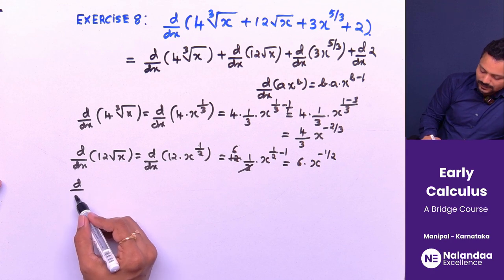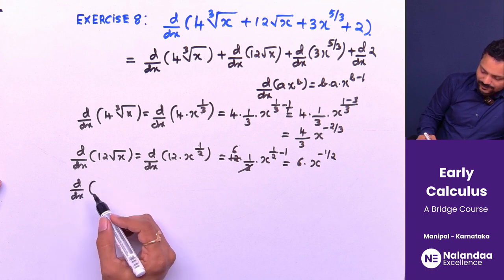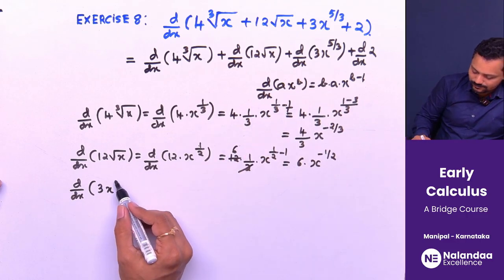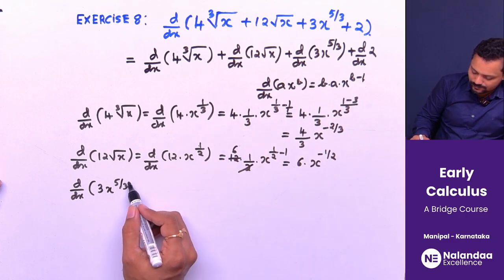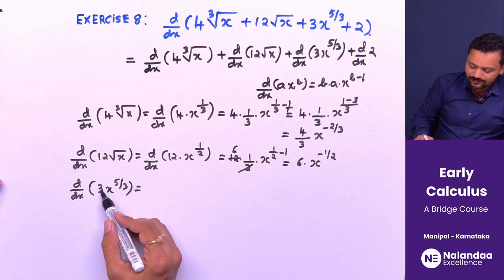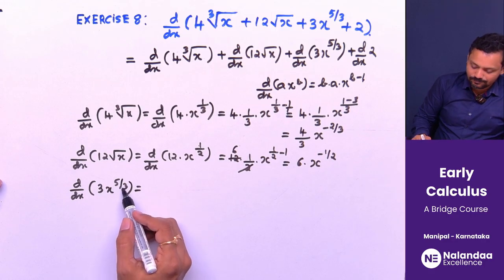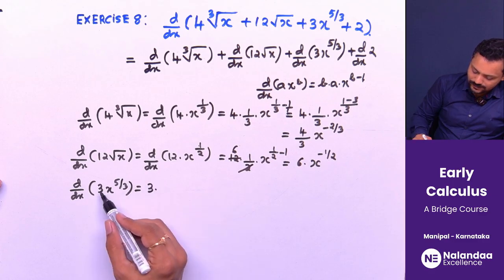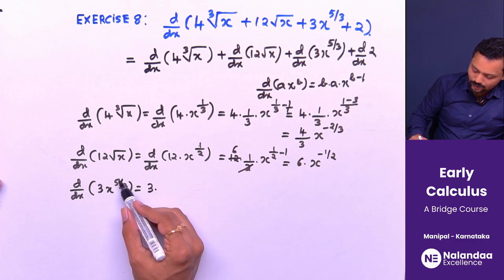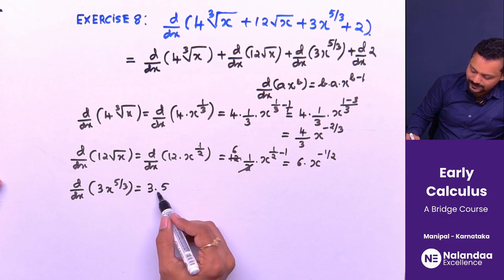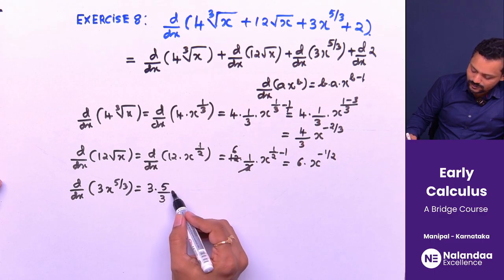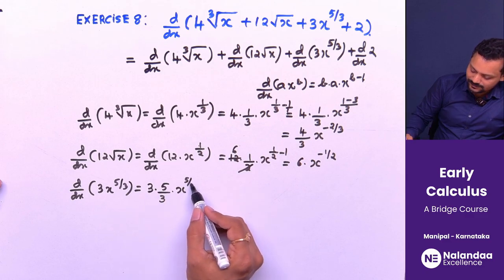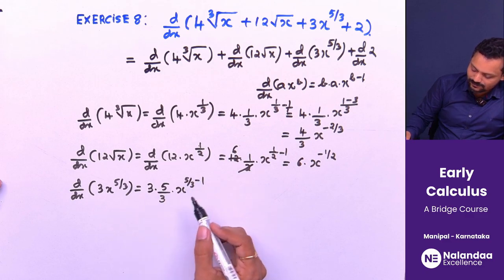Next, d by dx of 3x power 5 by 3. This is again of the form a x power b. So therefore this can be written as a, that is 3, into b, that is 5 by 3, into x power b minus 1, that is 5 by 3 minus 1.